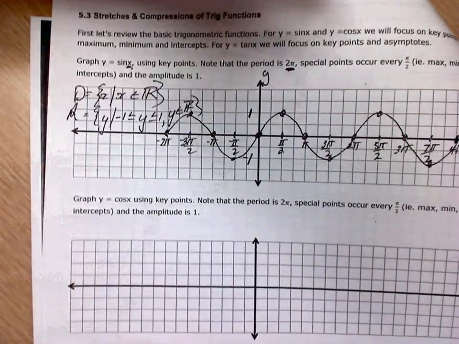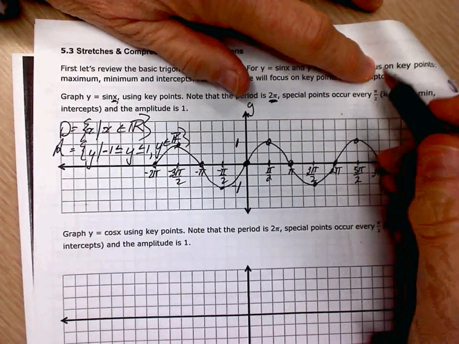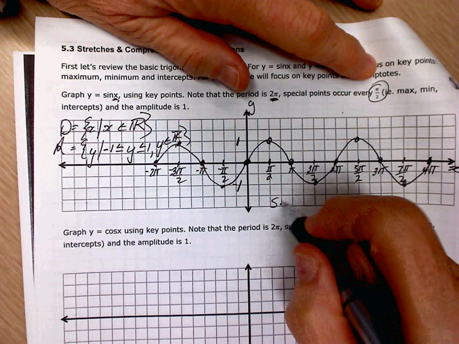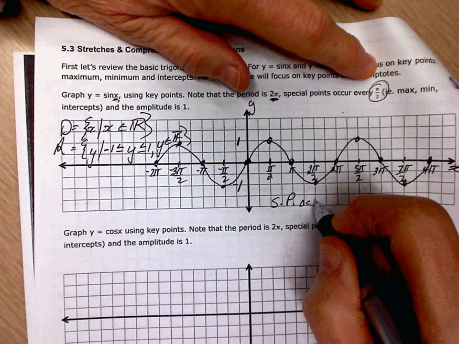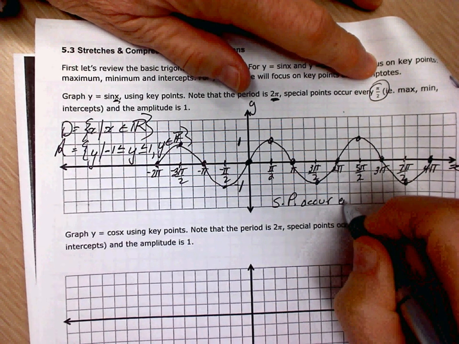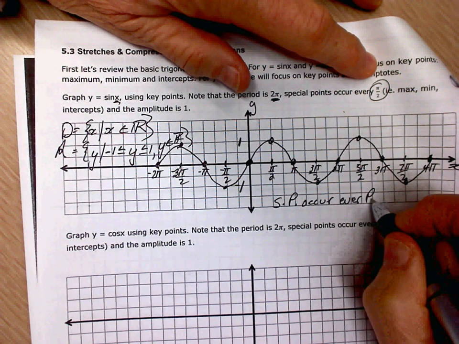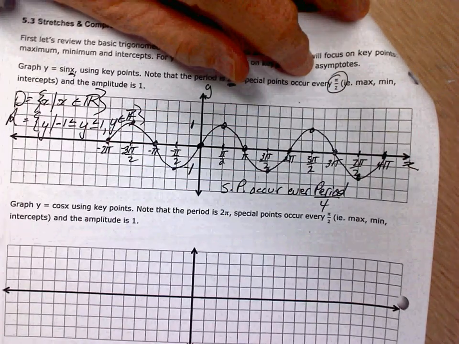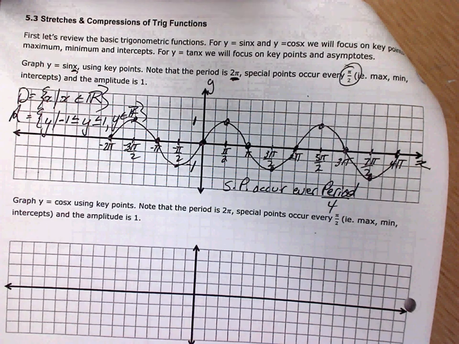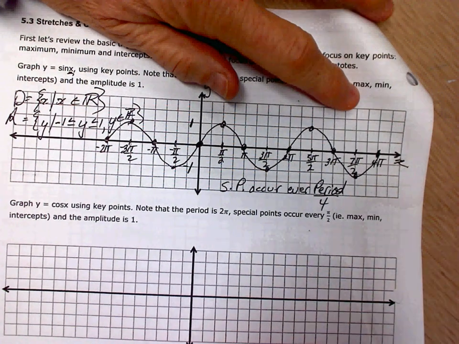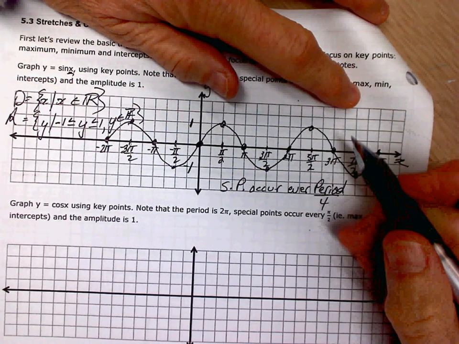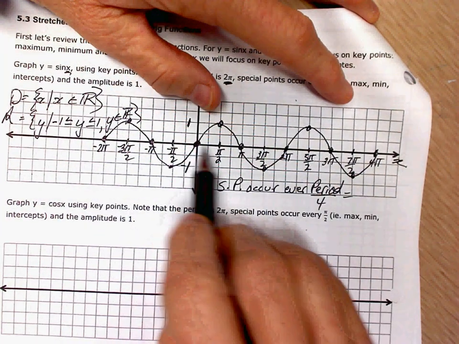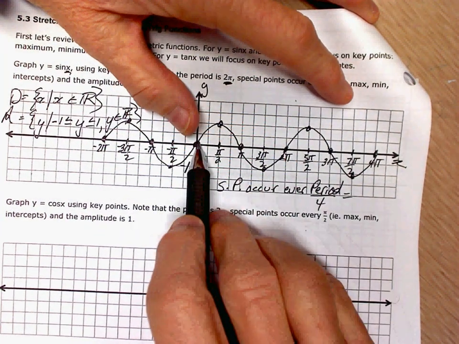So notice the special points occur every pi by 2. Actually, special points will occur every period divided by 4. This would be a general rule of thumb even when we're stretching horizontally and we have phase shifts and so on. So in this case our period is 2 pi; the length of the cycle is called the period.